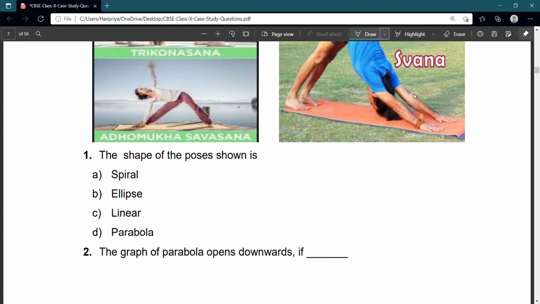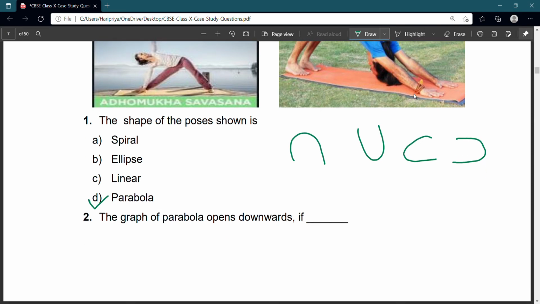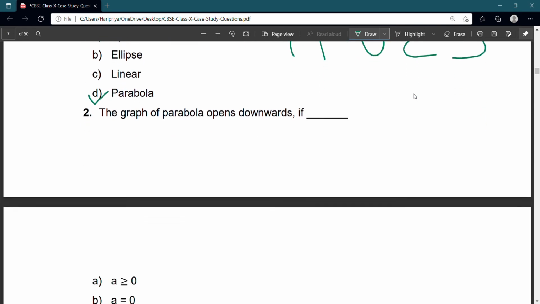So here the shape of the pose which is shown in the figure is spiral, ellipse, linear, parabola. We know that the shape of the parabola looks like this or this or this or this. These are the shapes of parabola. So the given figure is a parabola. The graph of the parabola opens downwards.